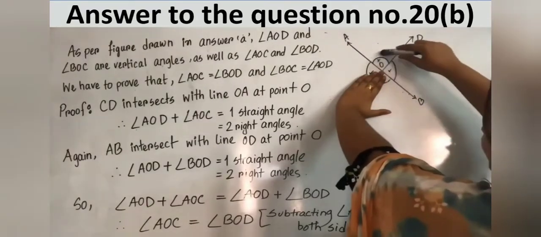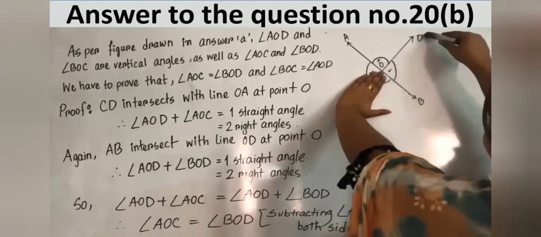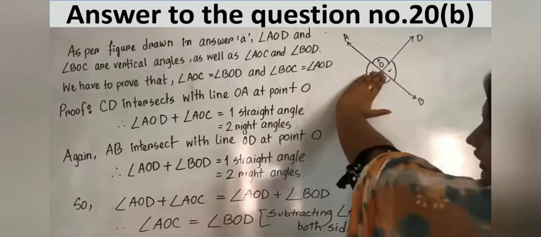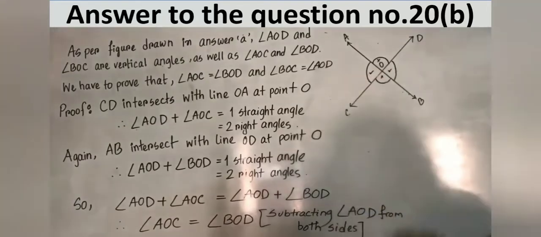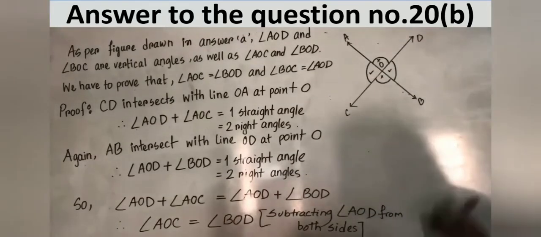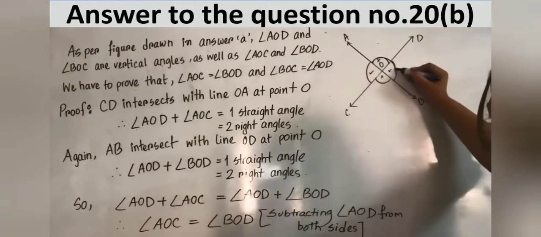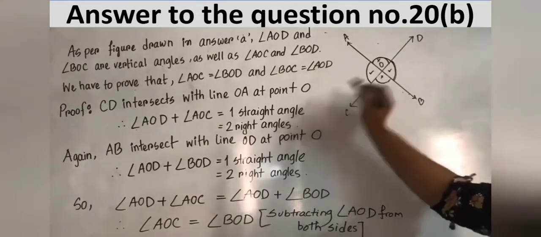This one is one right angle, that is angle AOD. Again, this one BOD is another right angle. So whenever these two right angles are combined together, they will form what? A half circle. That is one straight line, yes, also one straight angle.